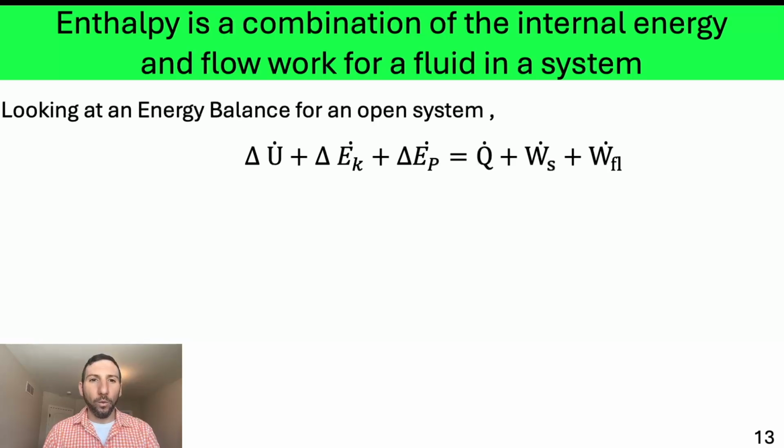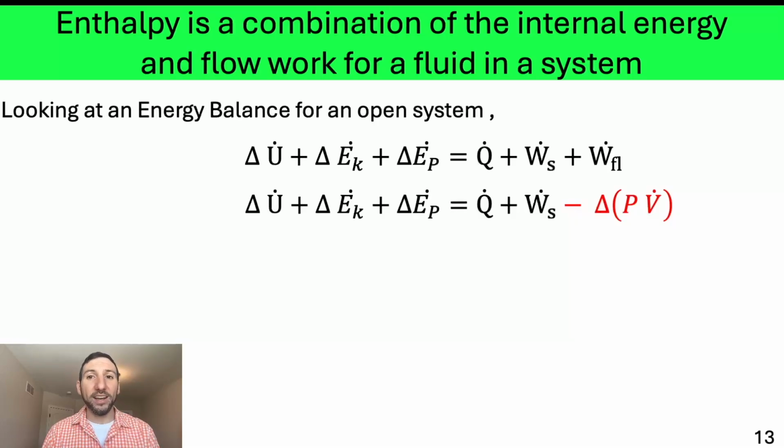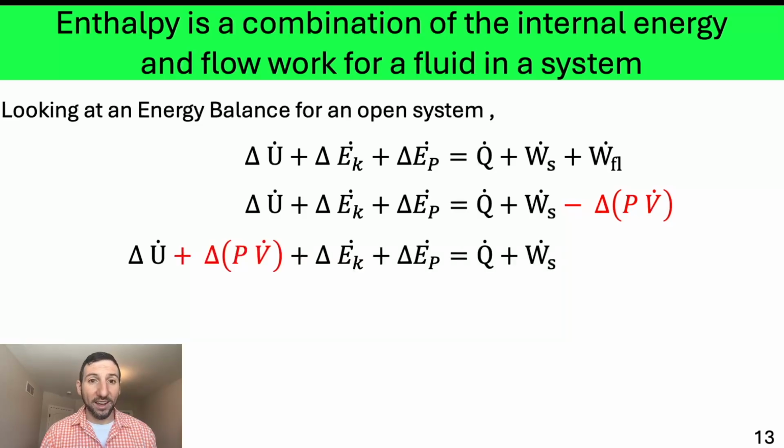And when we have this, we can take that flow work term and put in that negative delta P V dot term. And if we move that delta P V dot term over to the left side, you now have delta U plus delta P V dot plus our kinetic and potential energy is equal to heat plus shaft work.